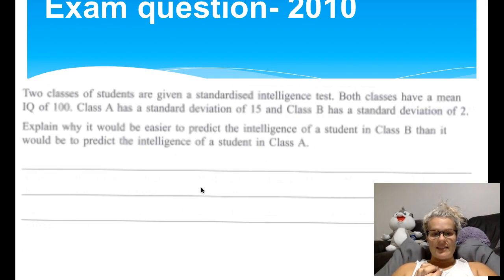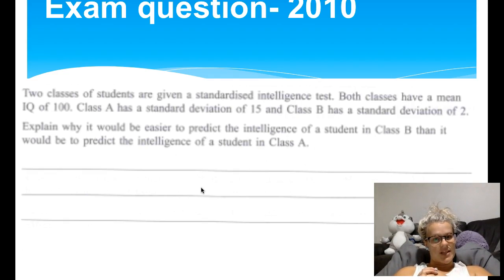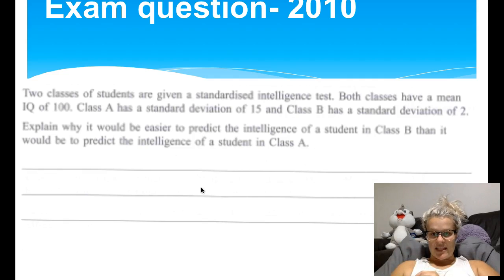Explain why it would be easier to predict the intelligence of a student in Class B than it would be to predict the intelligence of a student in Class A. So Class B is 15. No, Class B is 2. Class A is 15. So remember, which is high, which is low.